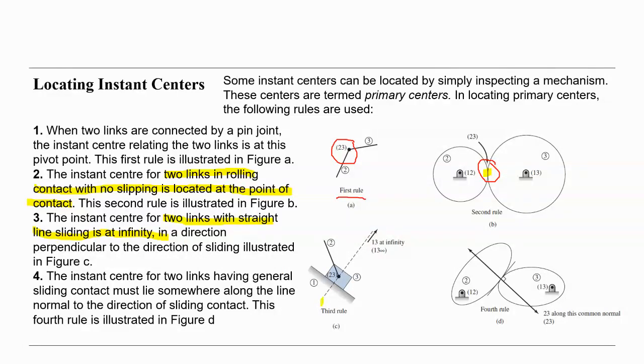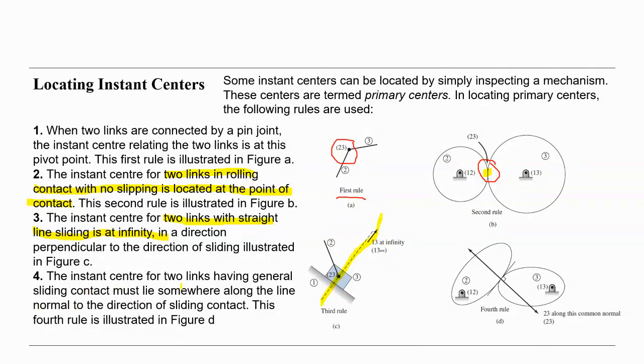Infinity means on this line somewhere, but we don't know where. 3 about 1 is at infinity.